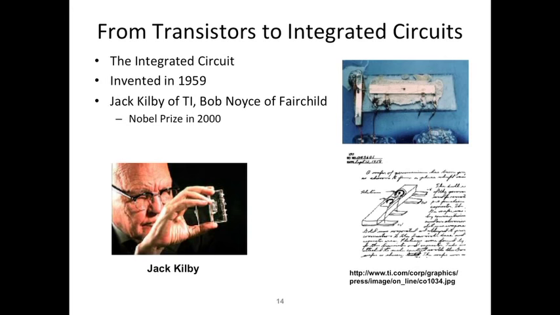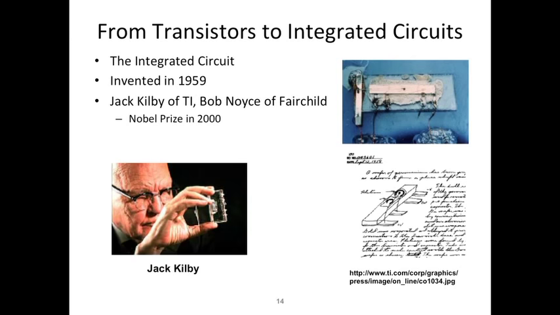Then later on, people started connecting transistors with one another to make integrated circuits, or ICs. When we say IC or integrated circuit, that means you are connecting more than one transistor together, which is now the modern day device, where we have billions of transistors all connected together to perform a certain function.